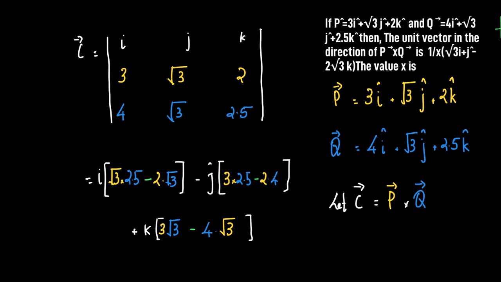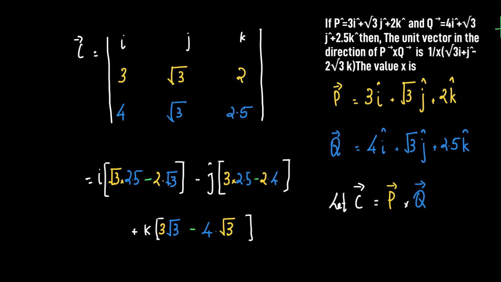I times, removing these two, multiplying them like this: root 3 times 2.5 minus 2 times root 3, minus, removing the column and the row containing J, we have 3 times 2.5 minus 2 times 4.